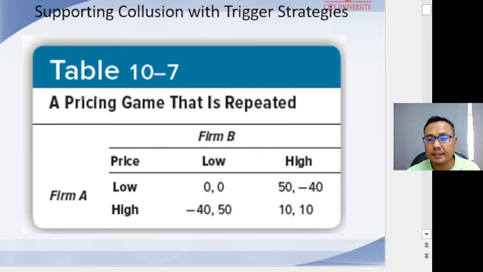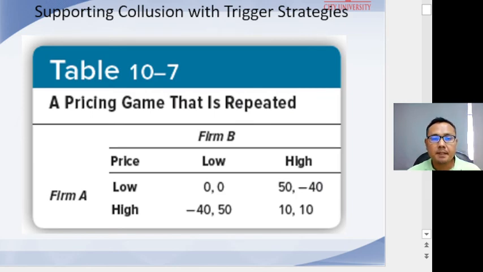A trigger strategy is a strategy that is contingent on the past play of players in a game. A player who adopts a trigger strategy continues to choose the same action until some other player takes an action that triggers a different action by the first player.